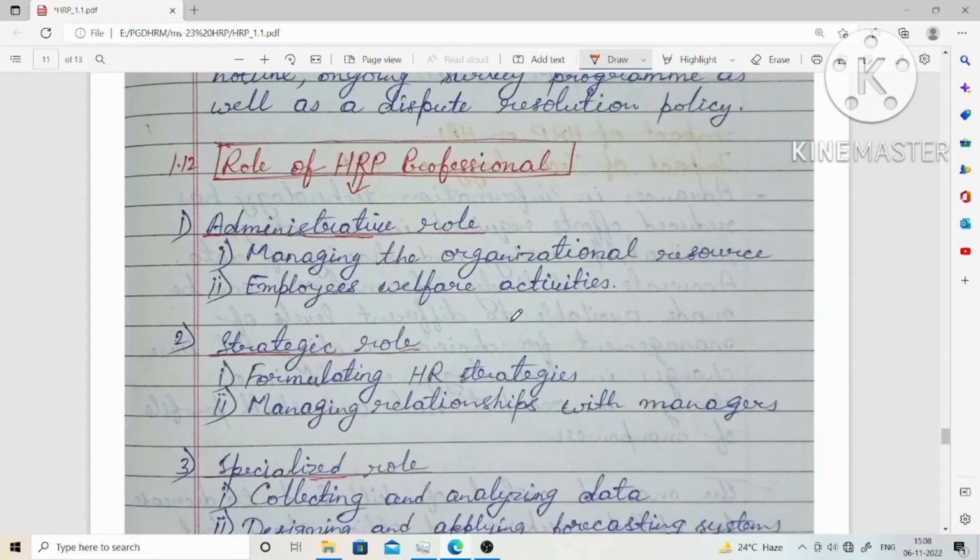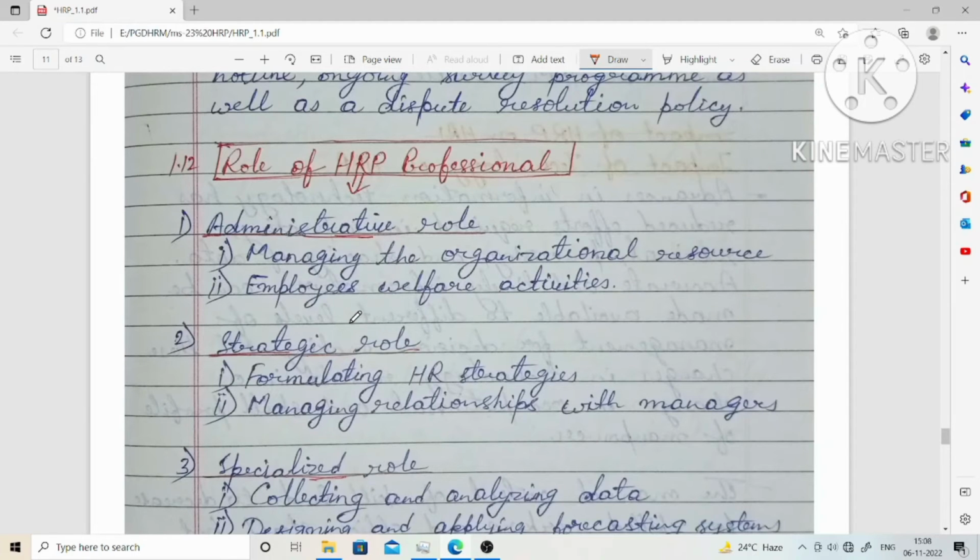What different roles do HR professionals have? The first role is the administrative role. Under the administrative role, the HR professional will have to manage the organizational resources and employee welfare activities, which means they should consider the welfare activities of employees.